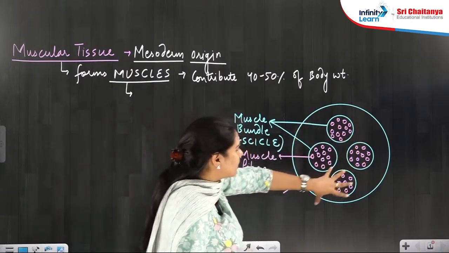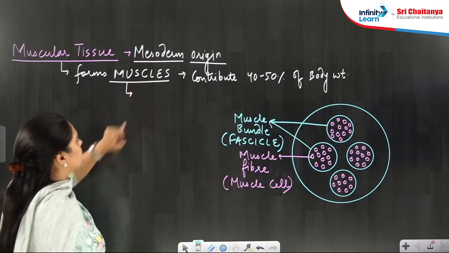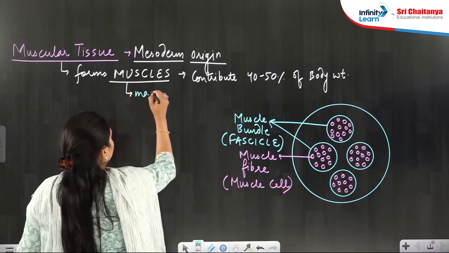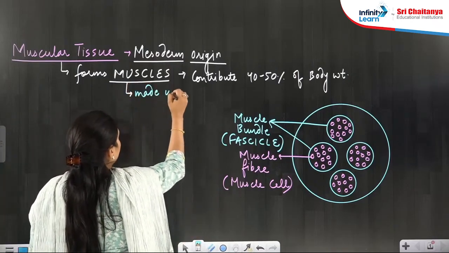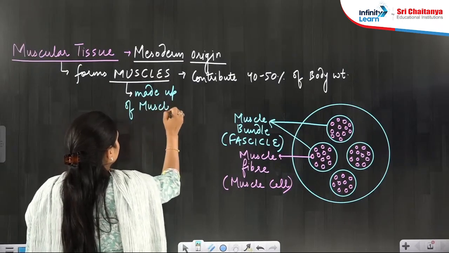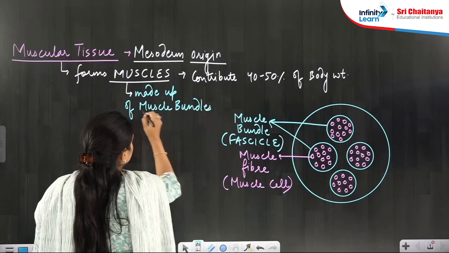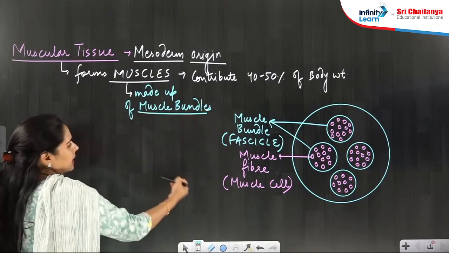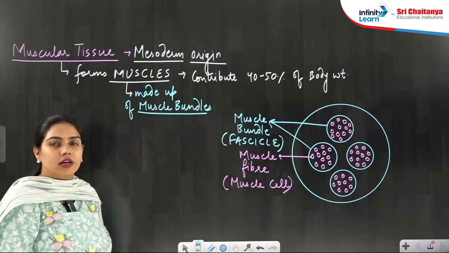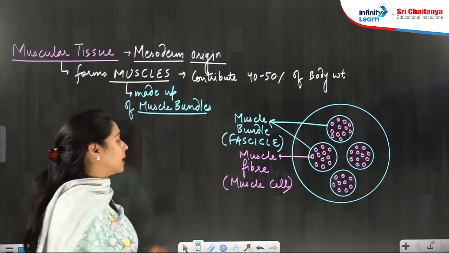And the group of muscle bundles is making the muscle. So can we write that muscle is made up of muscle bundles? And can we write muscle bundle is made up of muscle fibers? Yes. Now, muscle fiber is made up of what?